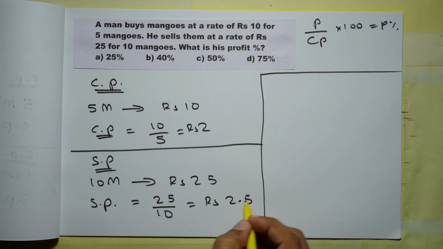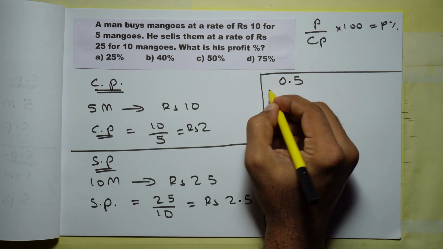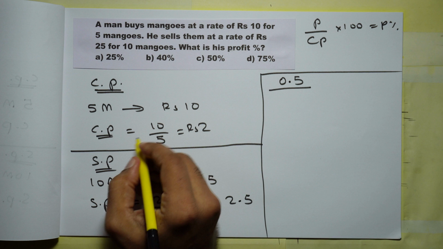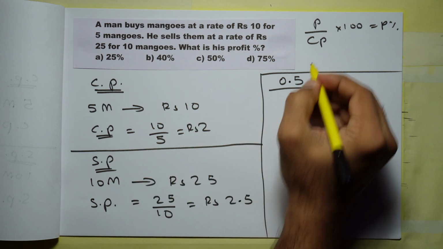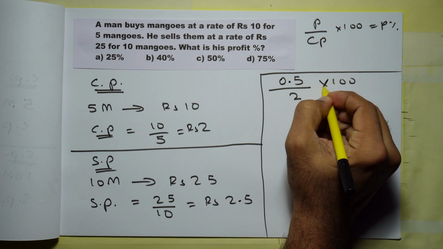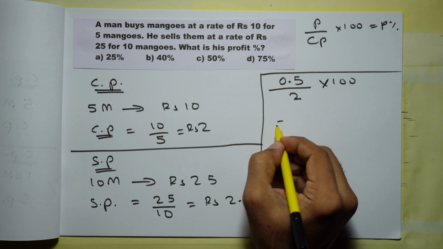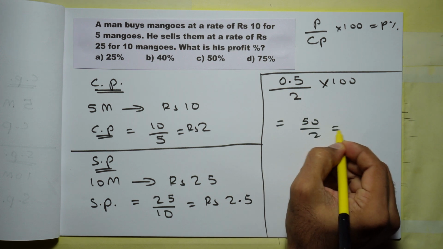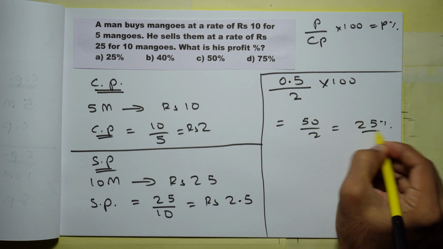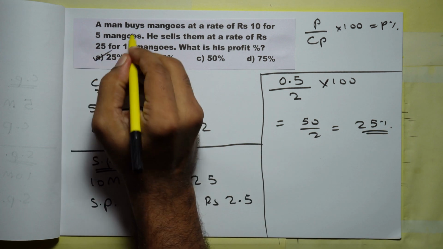So his profit will be SP minus CP, that is 2.5 minus 2, profit will be 0.5 or 50 paise. Out of CP, CP is 2. So profit out of CP is 2 into 100 gives you profit percentage. So 0.5 into 100 is 50, 50 by 2 is 25 percentage. So profit percentage is 25 percentage, that is option A.